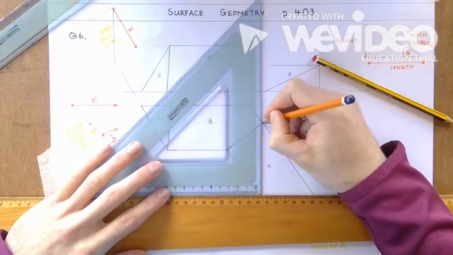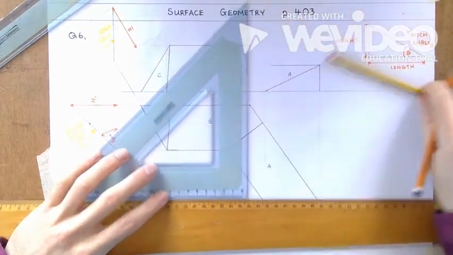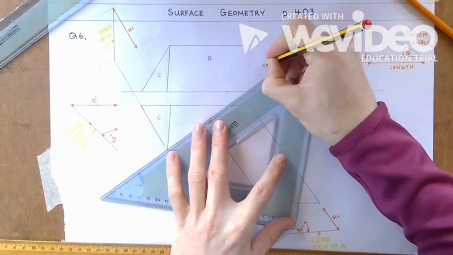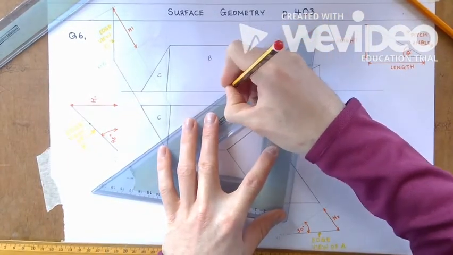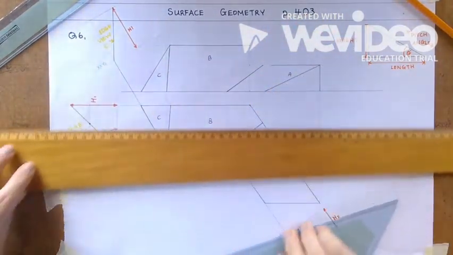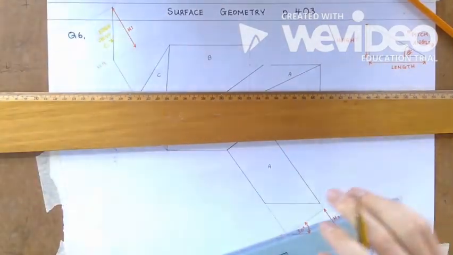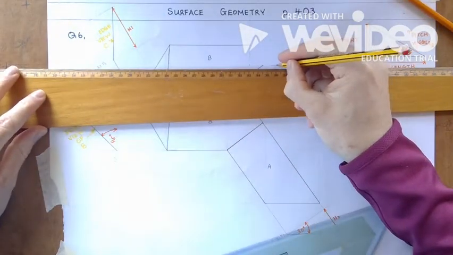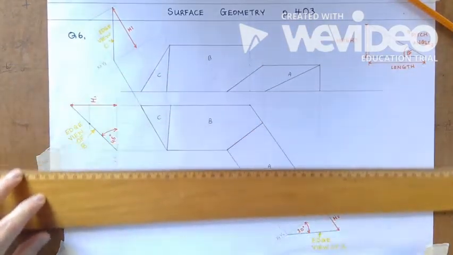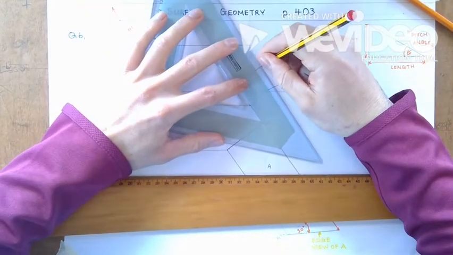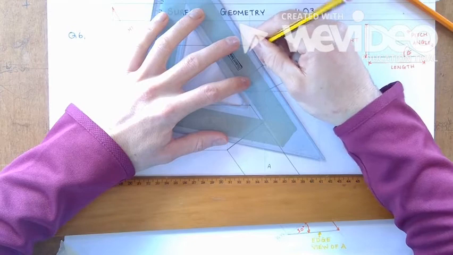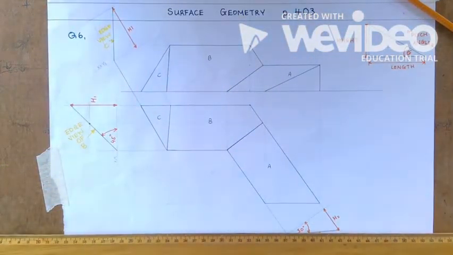We can bring that point now up to our elevation. I'm going to join that point then to there. Okay, so that is the first part of the question done.